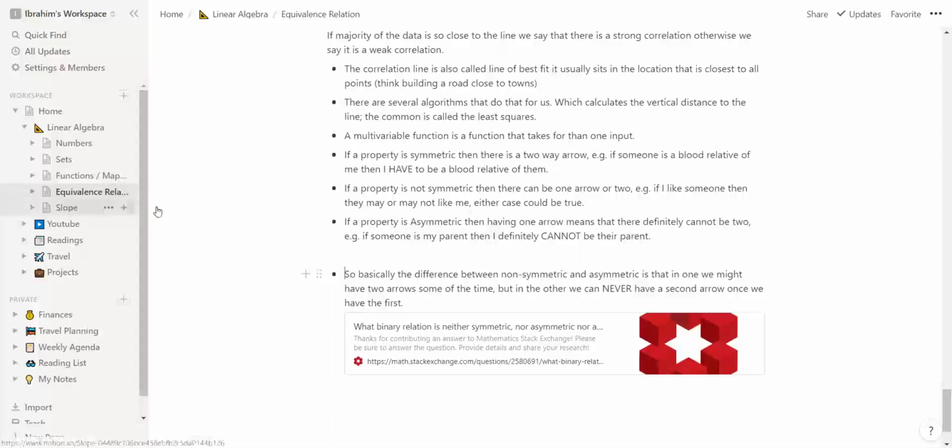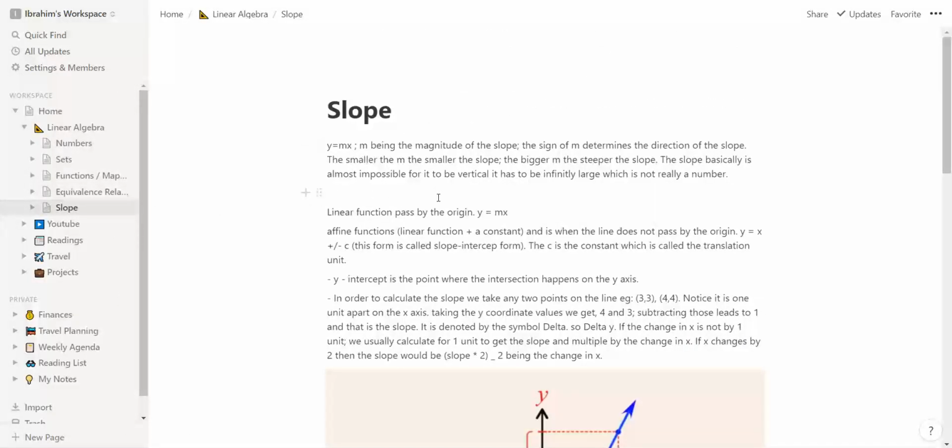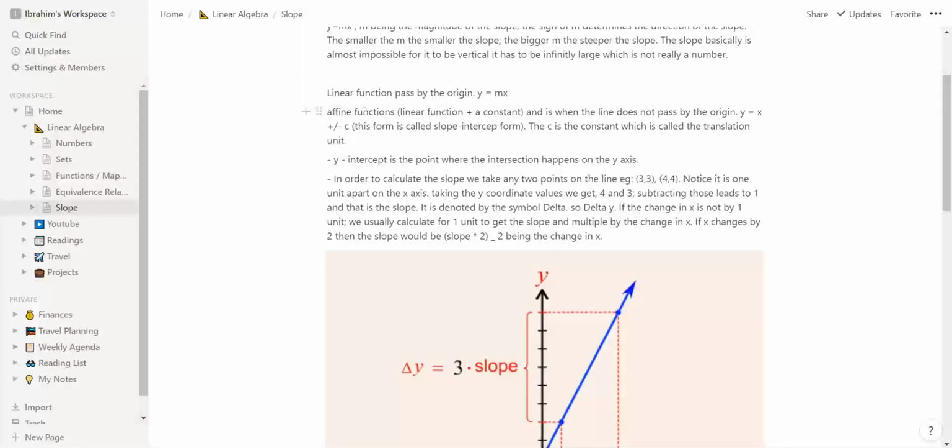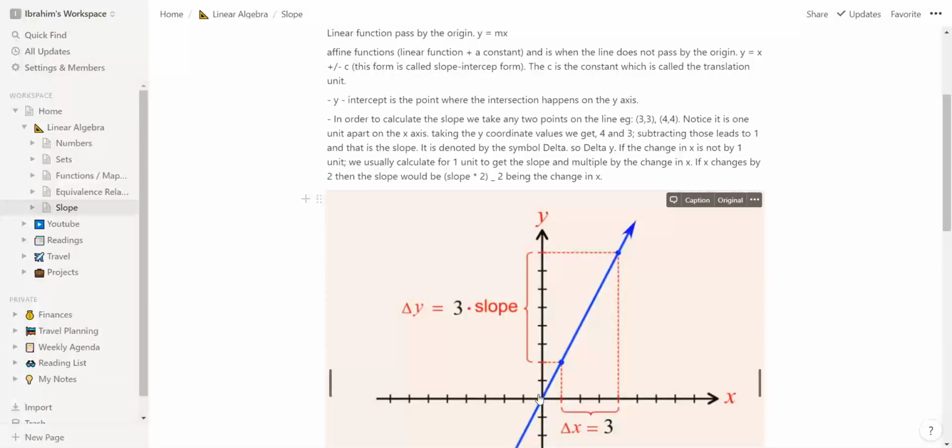To quickly recap: a linear function passing through the origin is y equals mx. Affine functions are linear functions plus a constant, which moves the line by some constant, so the line does not pass through the origin. An affine function is when the line passes through a different intercept, a certain y-intercept, so the line passes through the y constant.